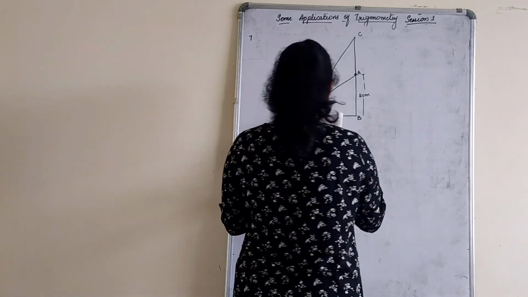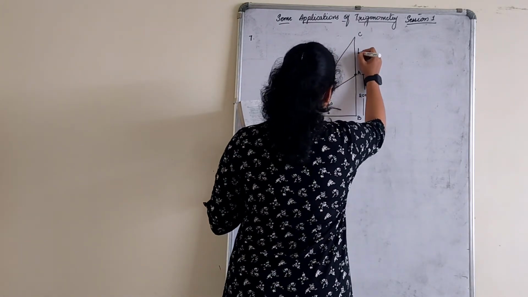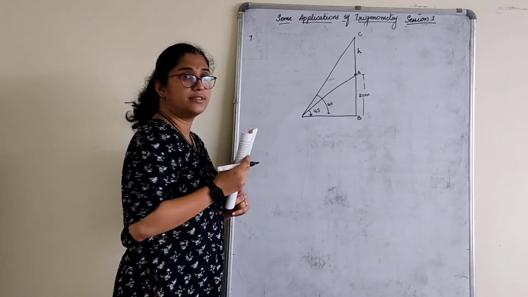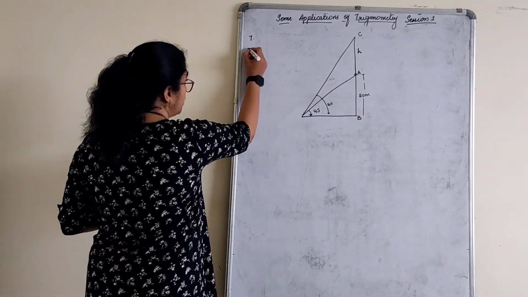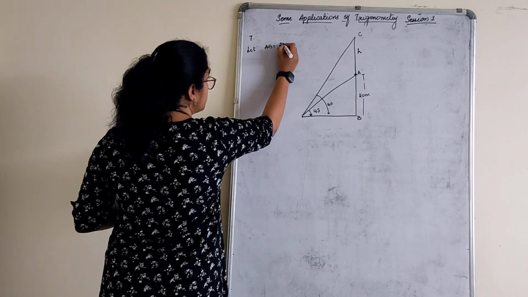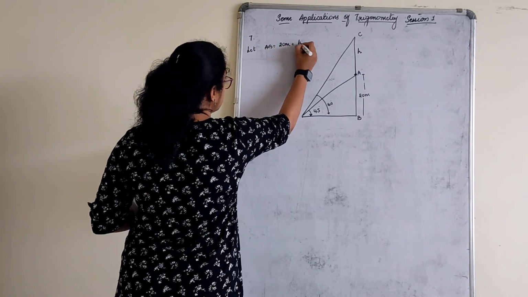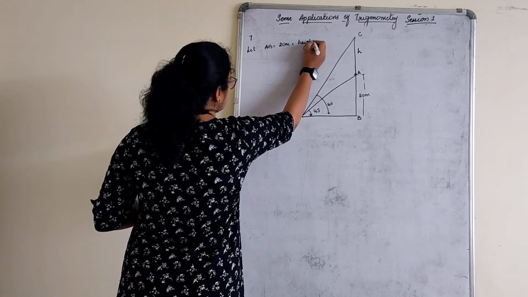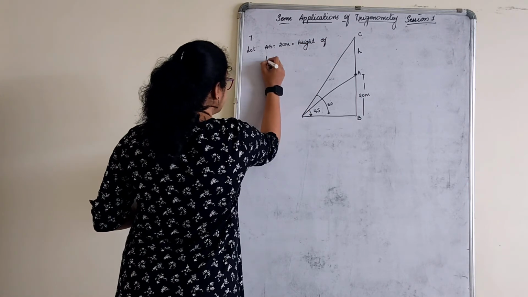Height of the tower, that is AC, I have to find here. H I will write, right? So what you will write first of all, let AB is equal to 20 meter, which is nothing but height of the building.